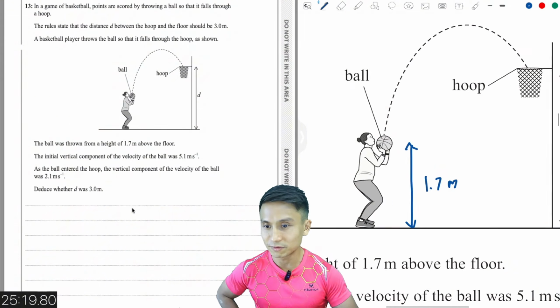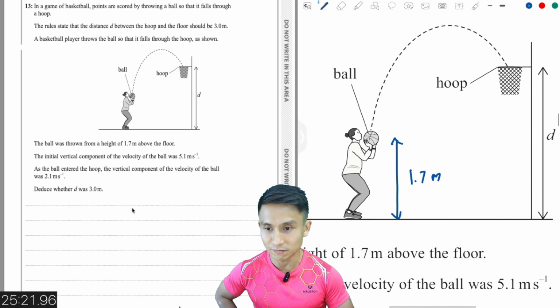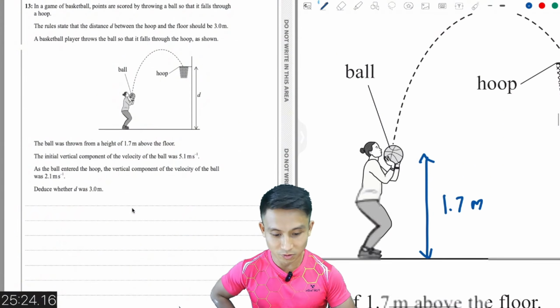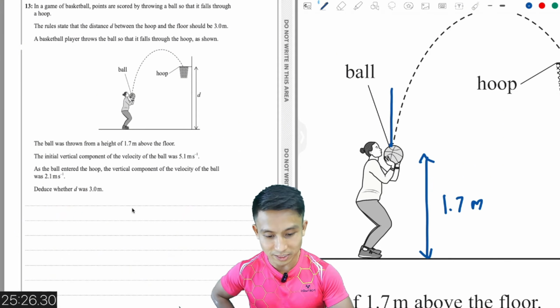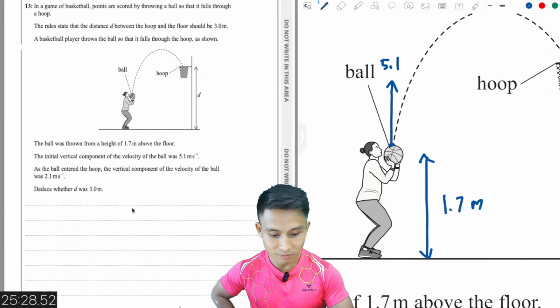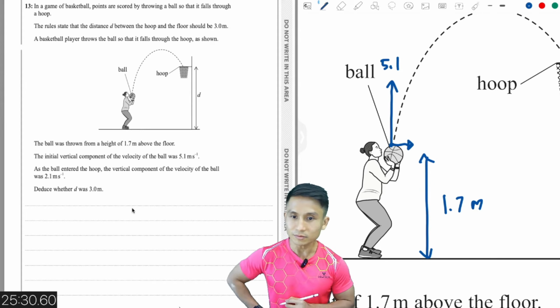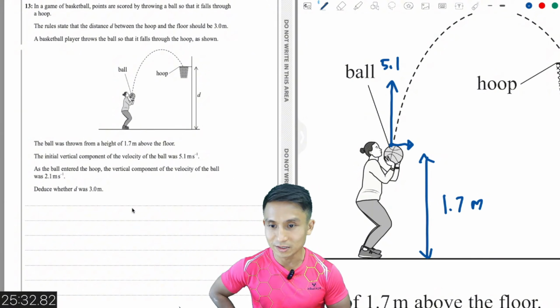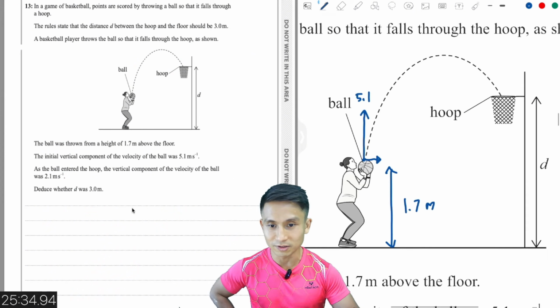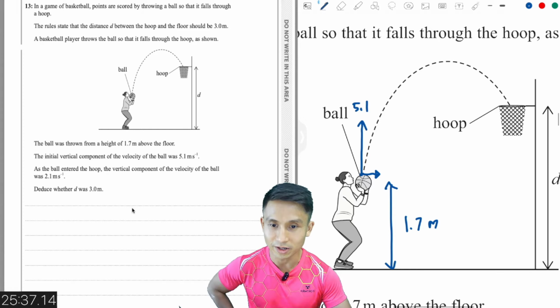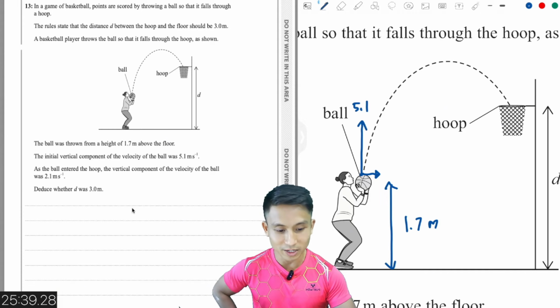Above the floor, the initial vertical component of the velocity of the ball is 5.1. So this is 5.1, but we don't know this, right? As the ball entered the hoop, the vertical component of the velocity of the ball was 2.1. And we need to know that it's going down.